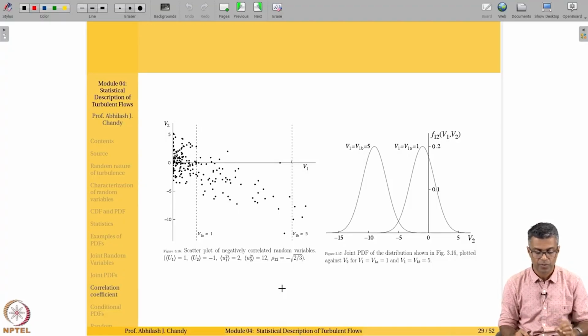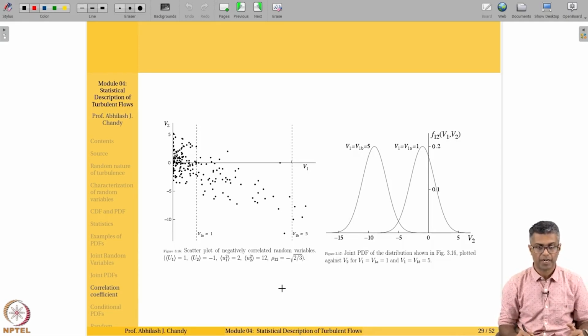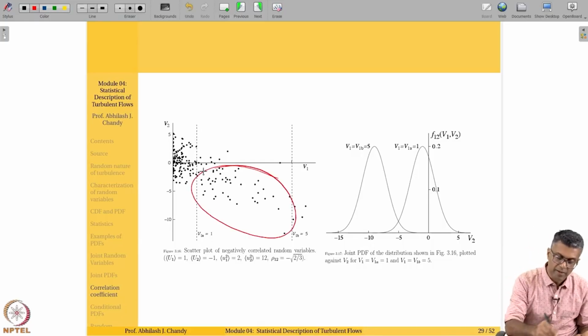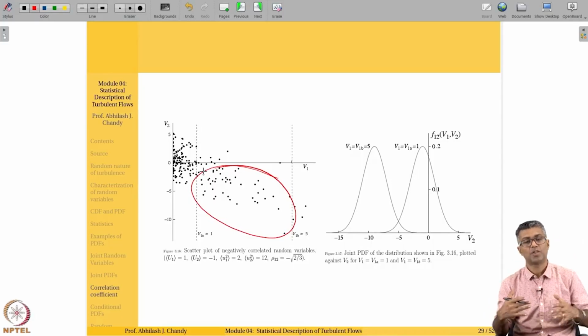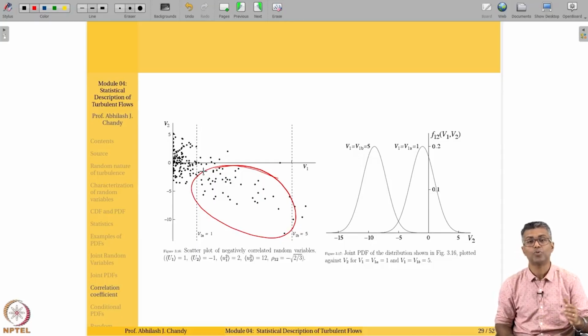And if you notice, in the scatter plot most of the points are in the negative v2 direction, biased towards the lower half of the plot, indicating that as u1 is positive, u2 is negative, highly negative.